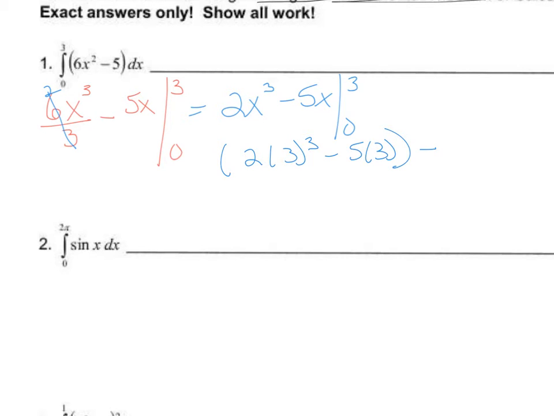Minus, and then plug in 0. So all of this is 0. And then in your calculator, this is going to be 2 times 27 minus 15, and we get an answer of 39.